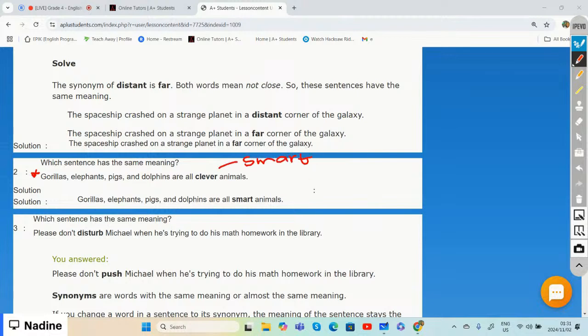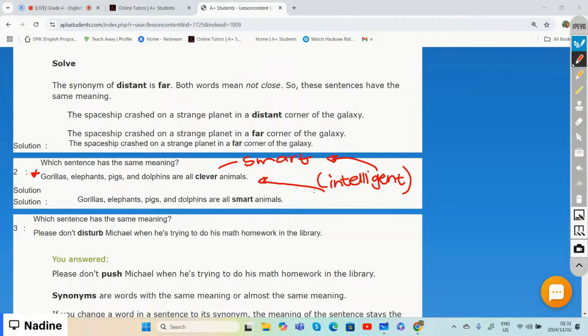And did you see earlier on we said that the girl was intelligent, and intelligent is also the same as smart, or the same as clever.